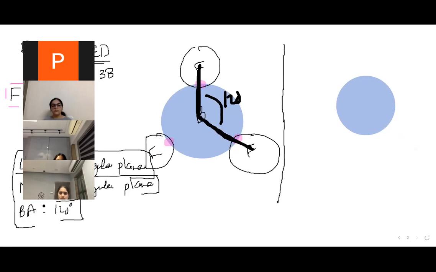There are 3 electron domains around sulfur. So 1 here, 1 here, and 1 here. So the electron domain geometry will be triangular planar, because there are 3 electron domains, so it will be like this. But if I'm talking about molecular geometry, I will draw the oxygen atoms only here and here.